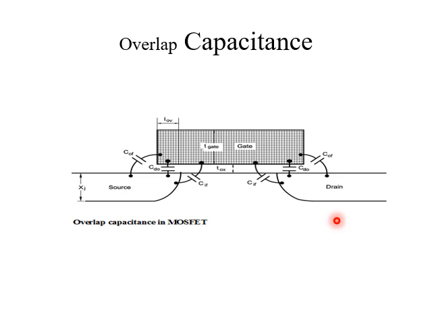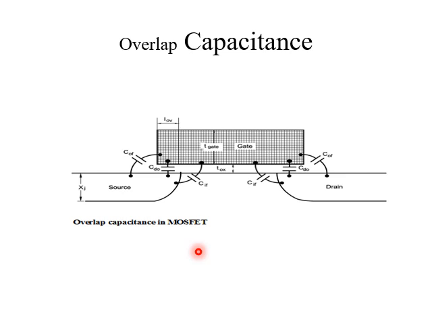Next, overlap capacitance. In a normal MOS transistor there are several capacitances built in. The gate overlaps the source and the drain by a small amount, and this leads to overlap capacitance. These capacitances are proportional to the width of the transistor.